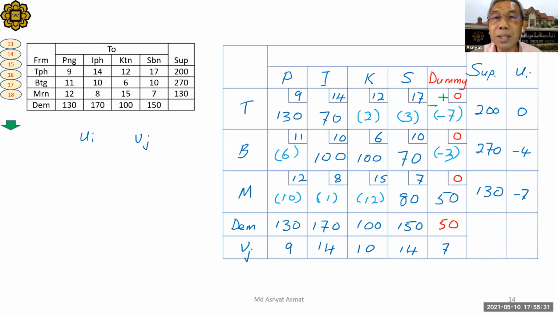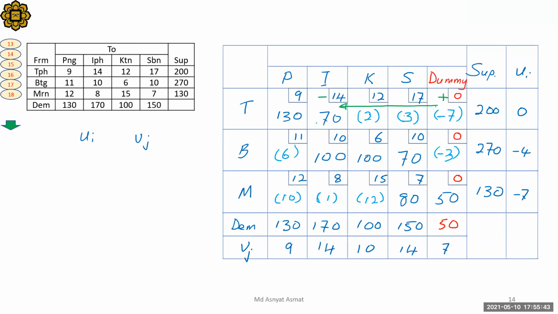So now we are going to draw the closed path from here. Now we do anti-clockwise. From here to here, should I put plus or minus here? Minus. Then we go down: plus, minus, plus.